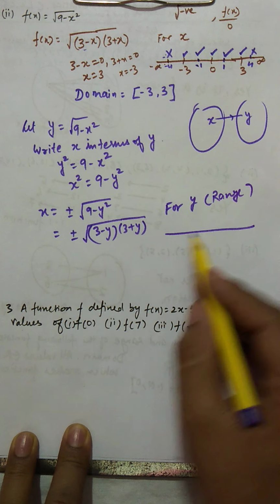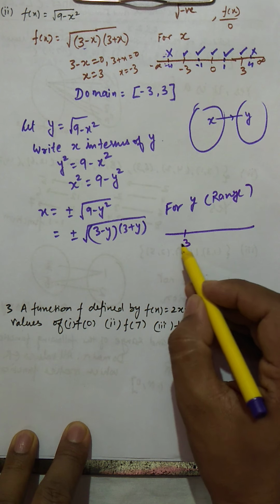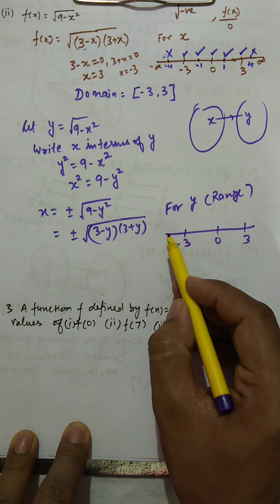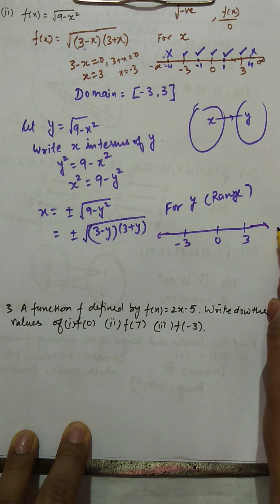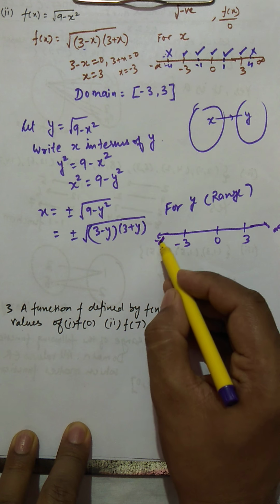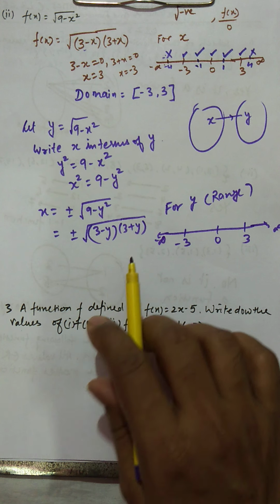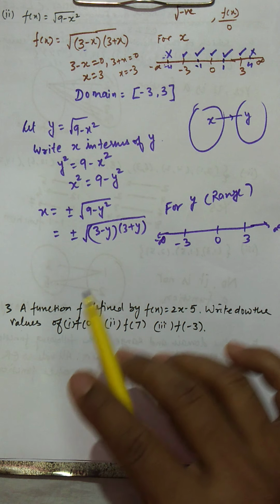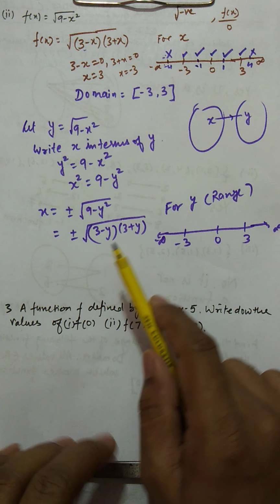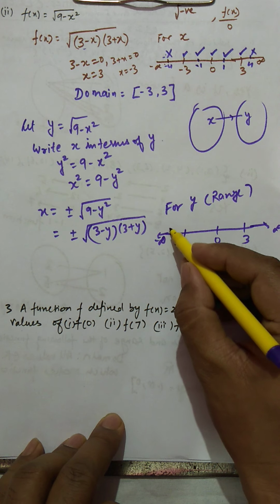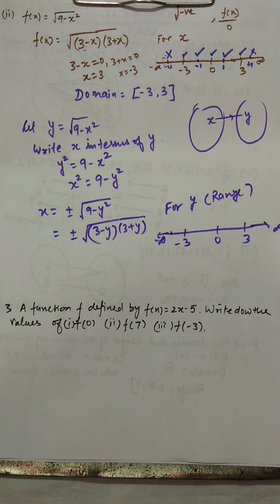So you can see the factors are again -3 and 3 as we have done earlier. So now this is plus infinity and this is minus infinity. We have to make sure which values of y can be put here. And one more step, we'll take some values, for example, -4.